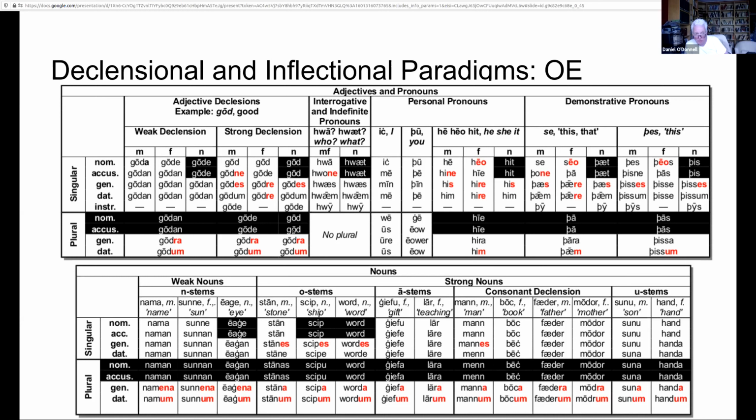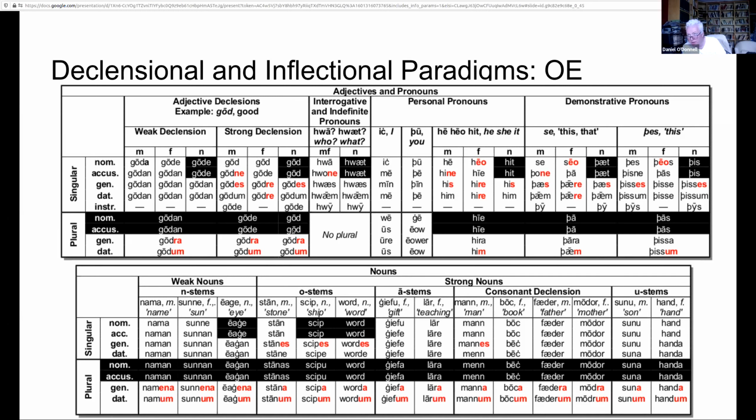all these different forms. And then finally, as you can see from adjectives, adjectives take different forms depending on what they're doing in the sentence. And the same adjective can either be weak or strong. And so I've got examples there with "gōd." So if I wanted to say "the good eye," well, "ēage" is neuter, so I have to use "þæt," neuter, nominative, singular, and then I have to use the weak declension.